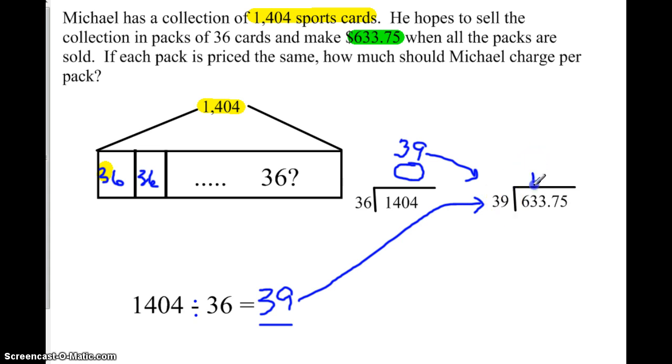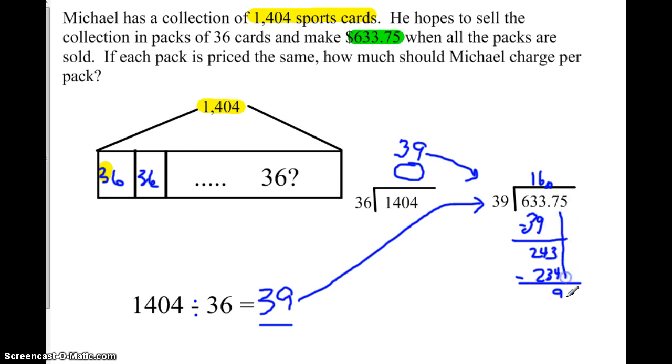So 39 times 1 is 39. Subtract, that is 24. Bring down my 3. Bring up the decimal point. That is 243. 39 times 6 is 234. Subtract, that is 9.